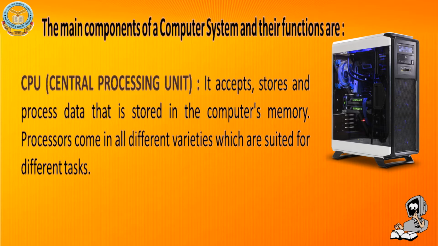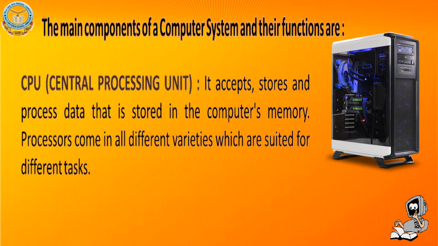Whatever calculations we are doing, how can they be done? They can be done with the help of the central processing unit. That's why we call it the brain of the computer. The CPU is also known as the processor or microprocessor. The CPU is responsible for executing a sequence of stored instructions called a program.